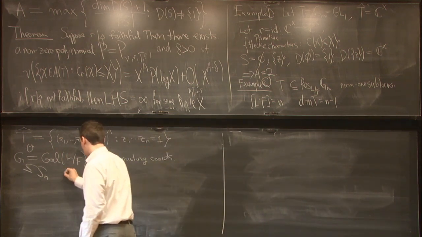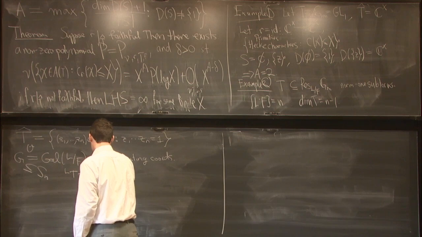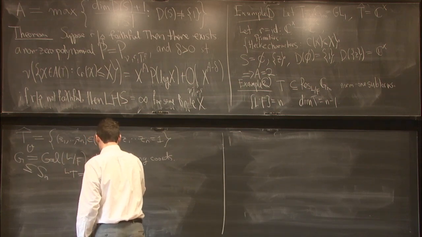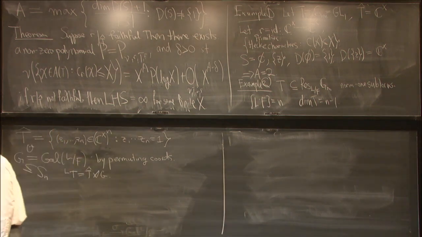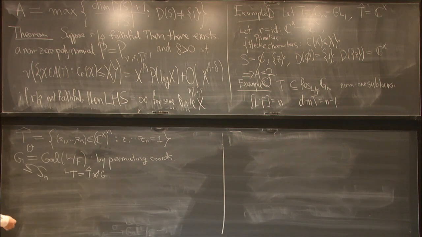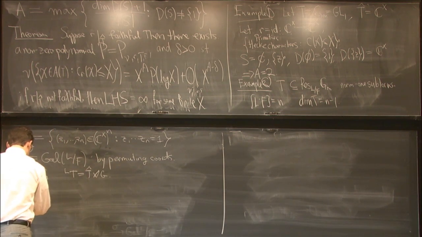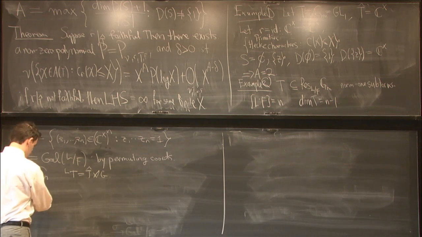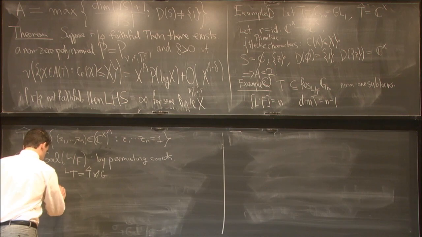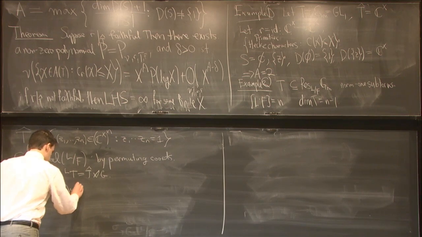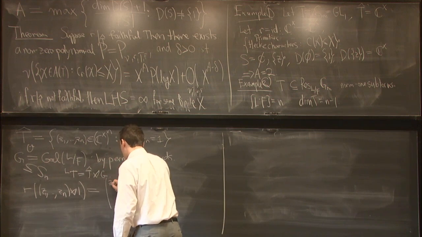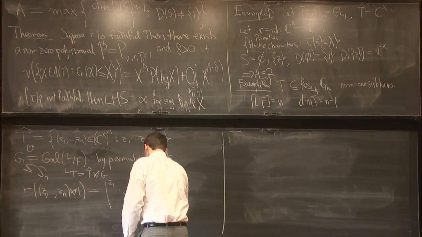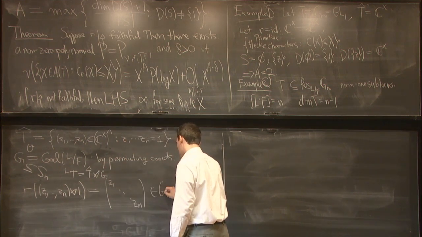OK, so here's the L group, and I want to pick a representation. So here's one that seems very natural to me. R on Z1 up through Zn, semidirect 1, I'm going to send this to the diagonal Z1 up to Zn.